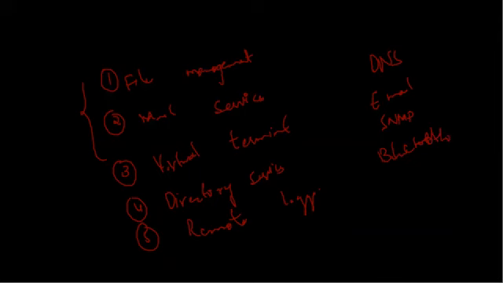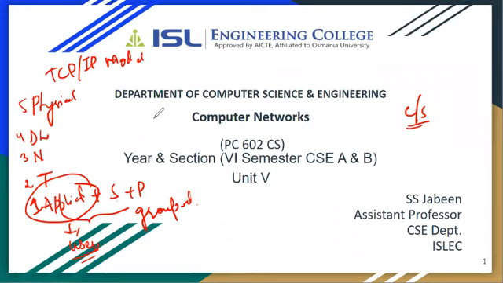Unit 5 actually comprises two topics. First is the application layer and second is the basics of cryptography. So the basic concepts of cryptography are the second half of Unit 5. In the application layer, the protocol provides rules for communication between two applications. Suppose you are transferring a Word file from one system to another.